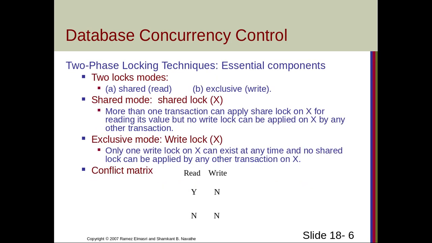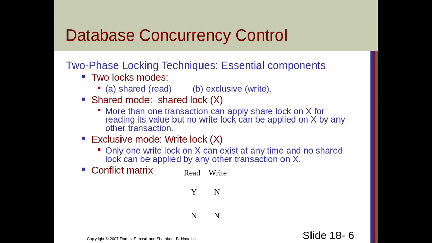Two-phase locking, essential components. Two lock modes are there: shared and exclusive lock. That means more than one transaction can read a variable at the same time, because the value is not changing. So in that case, you can share a read lock.